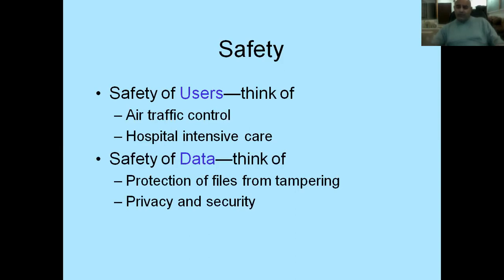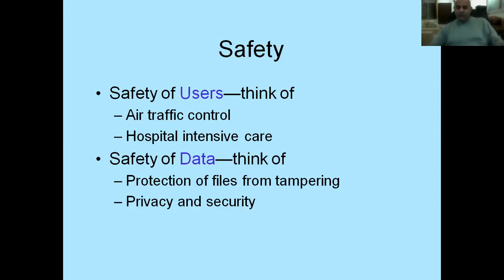Safety of data is very important. The data which we are dealing with, like the data of the bank, requires protection of files from tampering, and from people who will do something wrong with these data.